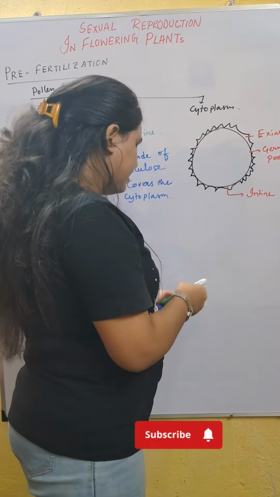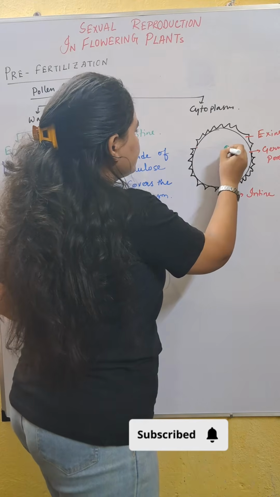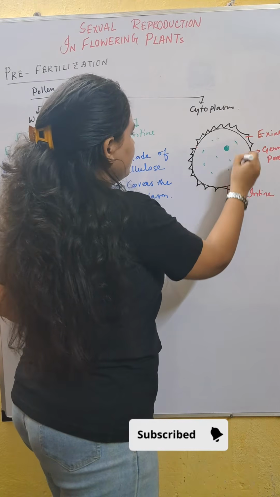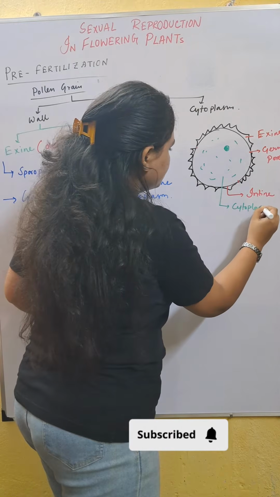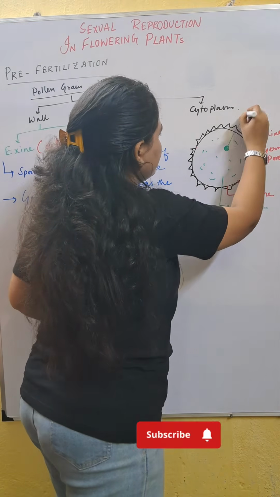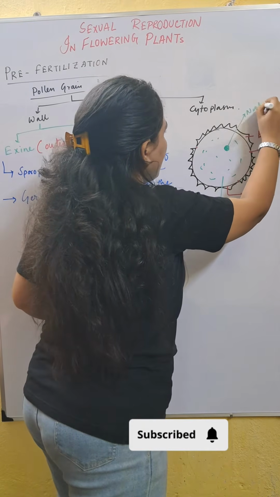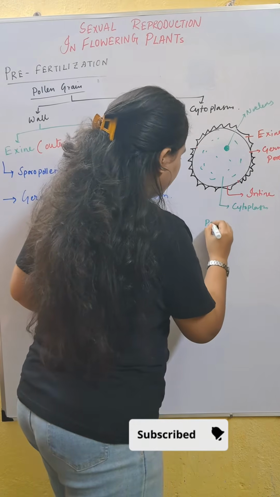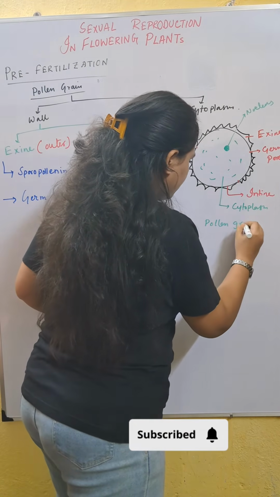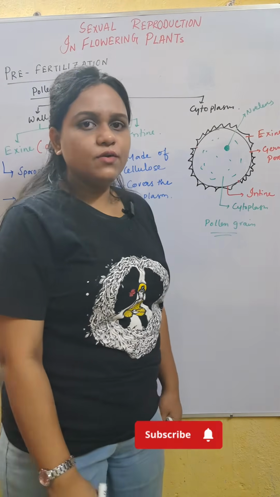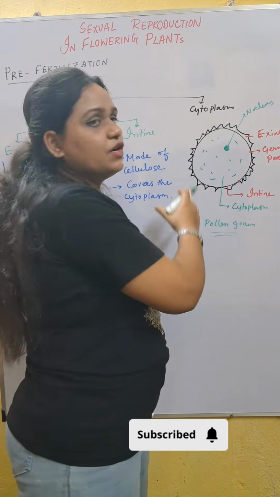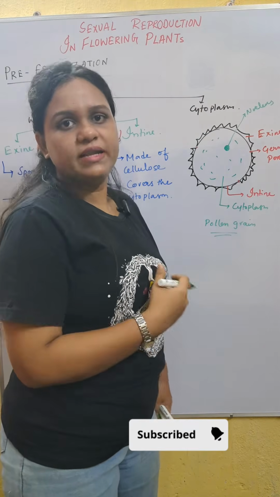Inner to this, it has cytoplasm and nucleus. This is cytoplasm and nucleus. This is the structure of a pollen grain at maturity, or before pollination.